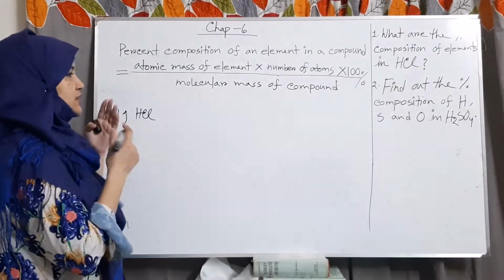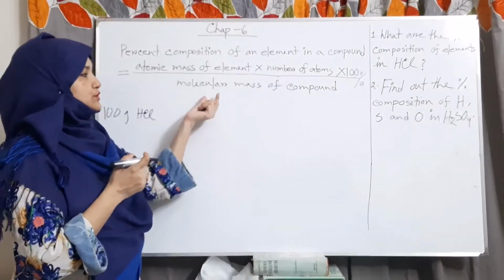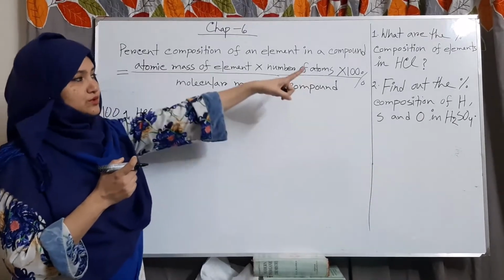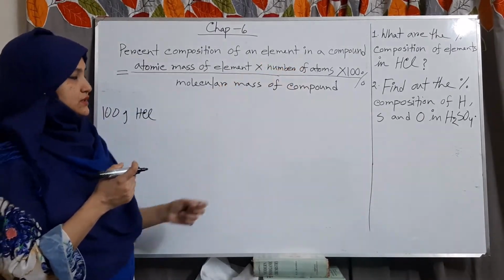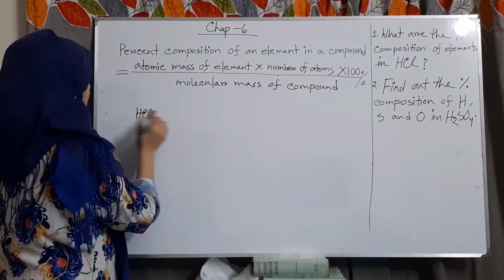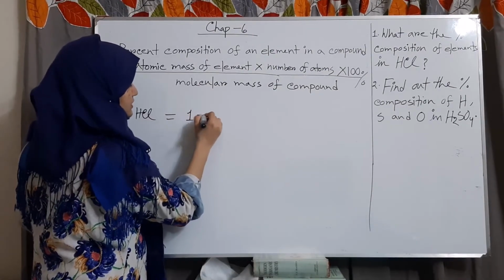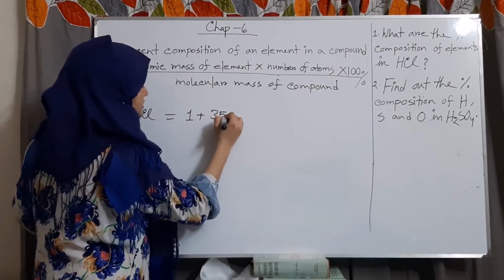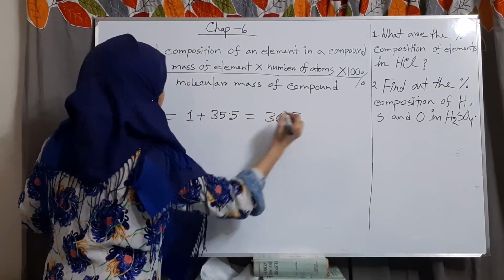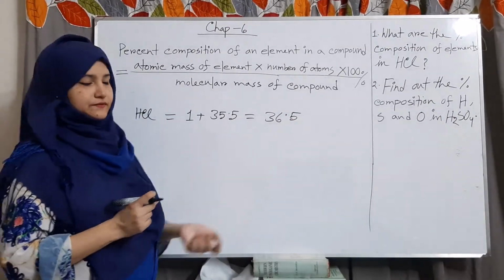For that, at first you have to find out the molecular formula and the molecular mass. The molecular formula is given there. So the molar mass of HCl: the atomic mass of hydrogen is 1 and chlorine is 35.5. That means 36.5. The molar or molecular mass of HCl is 36.5.